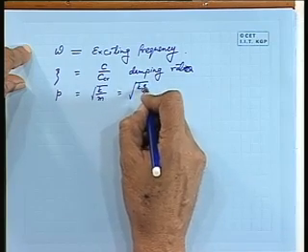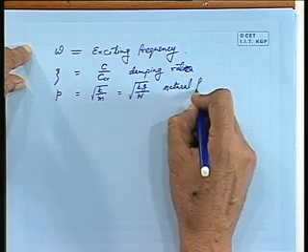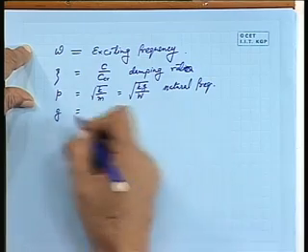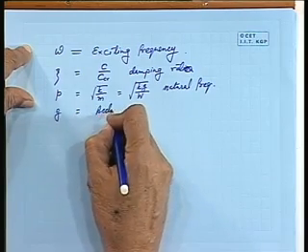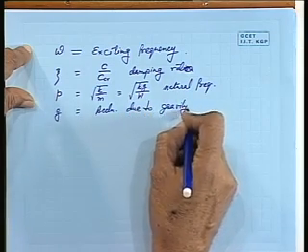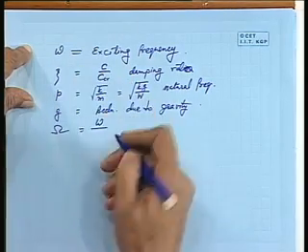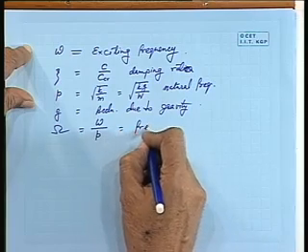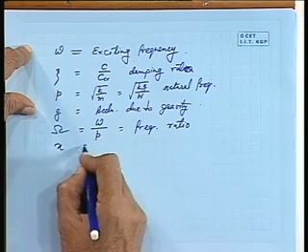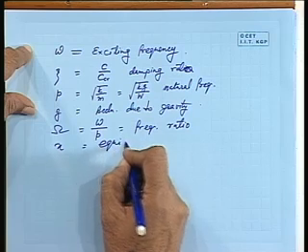The fourth quantity is the acceleration due to gravity. Then we talk about the frequency ratio. They are all interconnected, but still. And the sixth one is the equipment displacement.